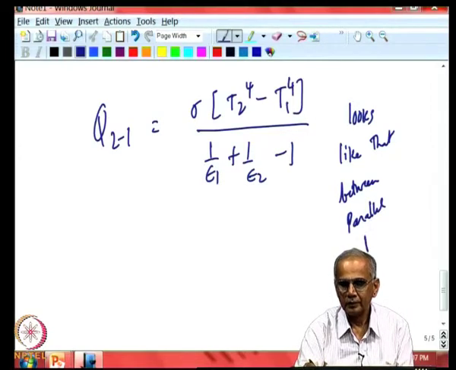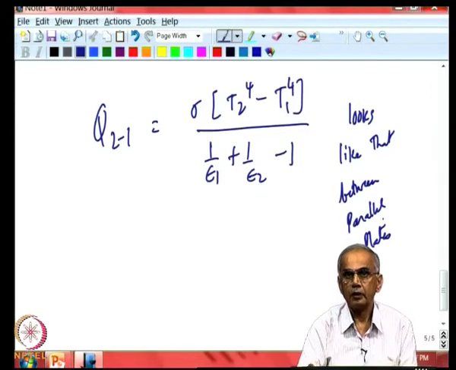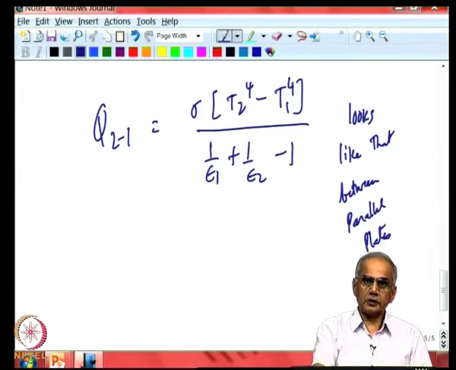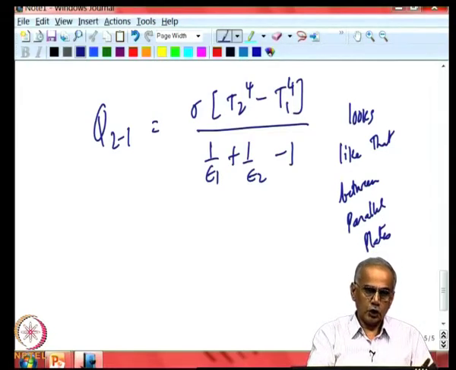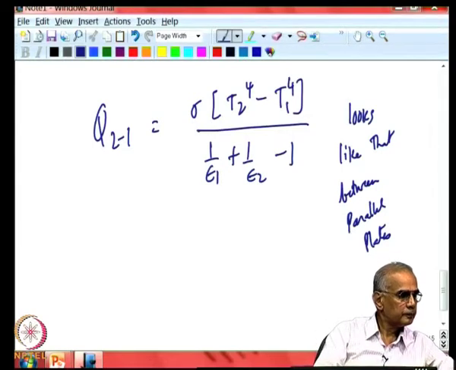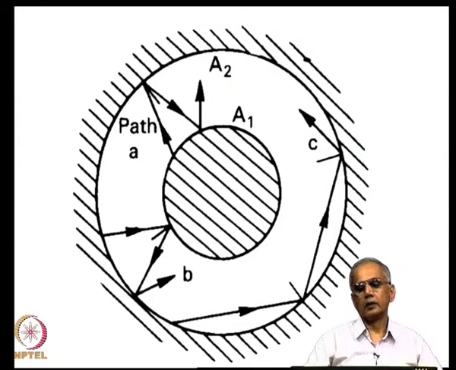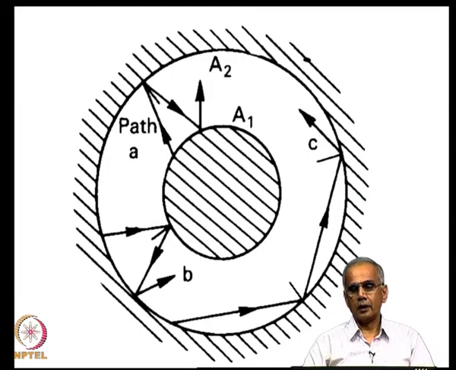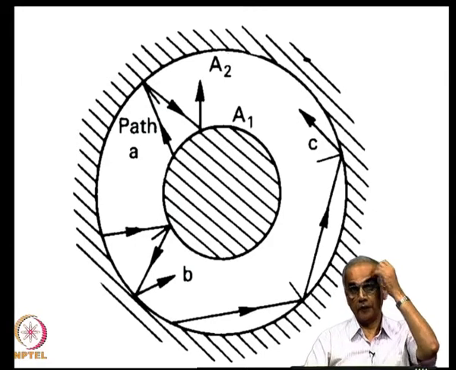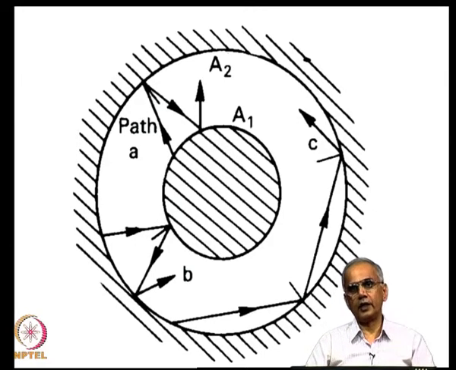So, when the outer surface here is specular, then the heat transfer between 2 cylinders or 2 spheres looks like heat transfer between 2 parallel plates. We had already used this idea when we looked at the Debye-Frost problem.